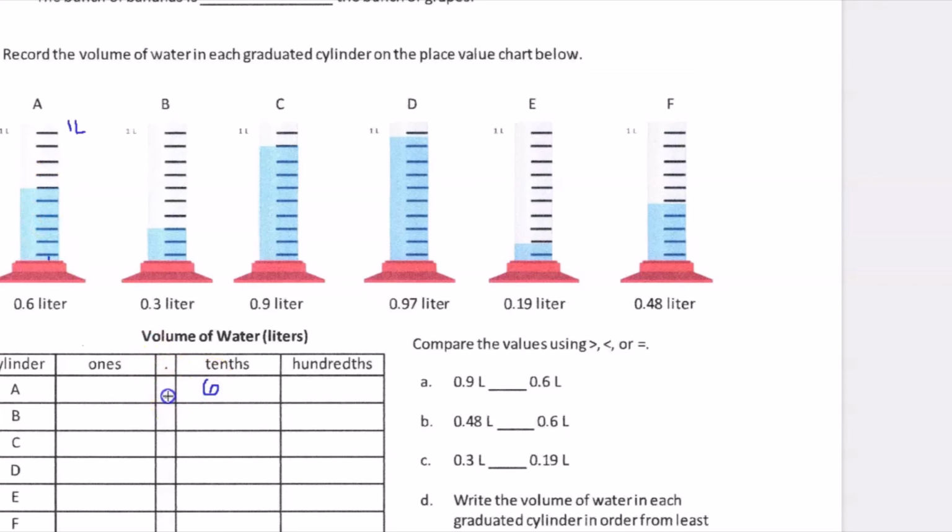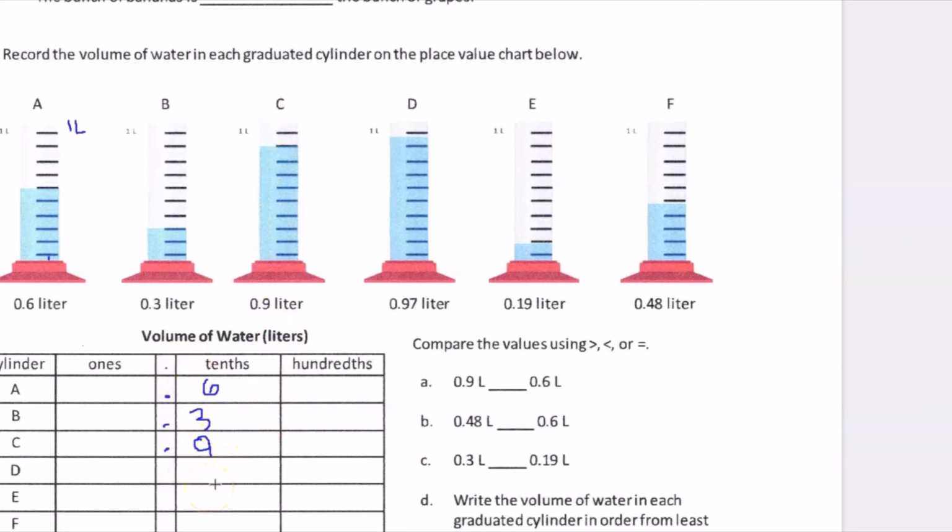Okay, that's how you're going to fill it out. Cylinder B is 3 tenths. Cylinder C is 1, 2, 3, 4, 5, 6, 7, 8, 9 tenths. Oh, wait a minute, what did I do? Okay, C is 9 tenths.